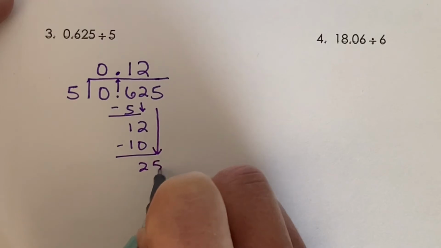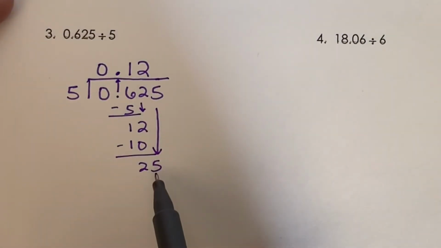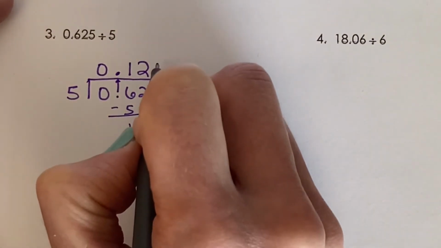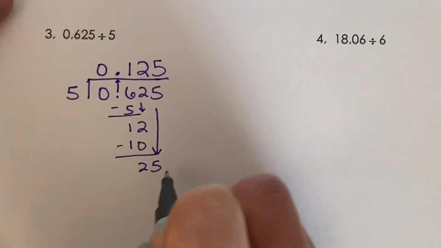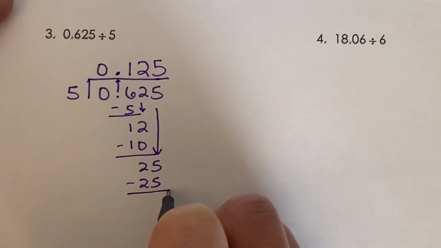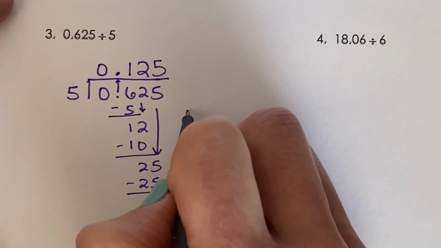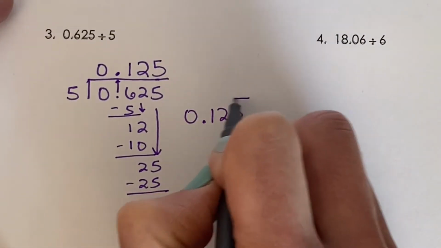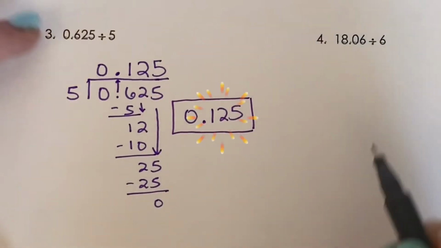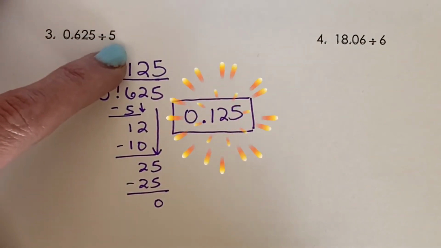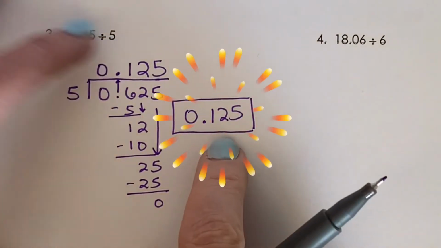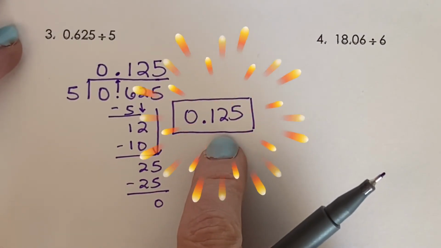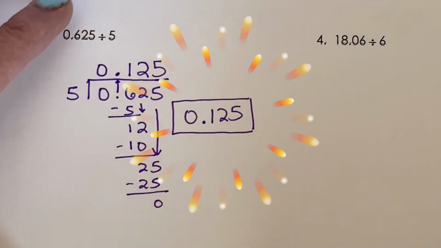Bring down the 5. How many times does 5 go into 25? 5 times. Bring it straight up. 5 times 5 is 25, and we are left with 0 remainder. So we have 0.125. I have a number less than 1 divided into 5 equal parts. Each of those equal parts is 125 thousandths.